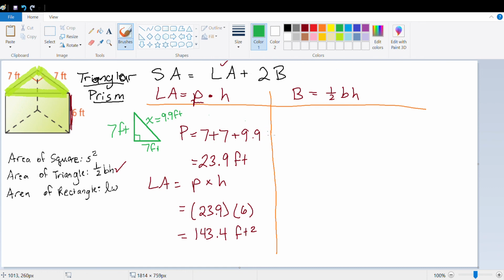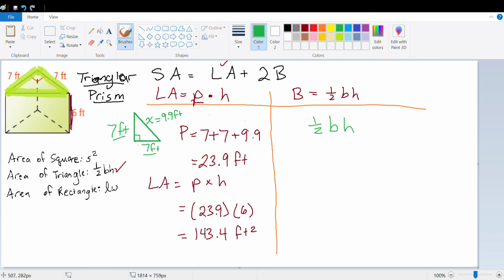Now, we're still going to be using the right triangle we worked on for the lateral area. It's the same shape we're using. But this time we don't have to do the Pythagorean theorem to find the missing side, because all we need for the area is these two 7s.